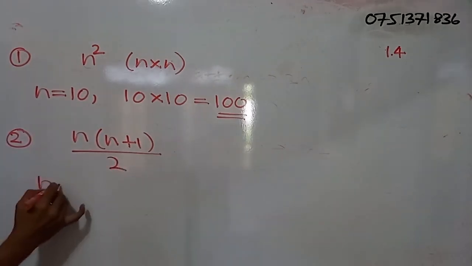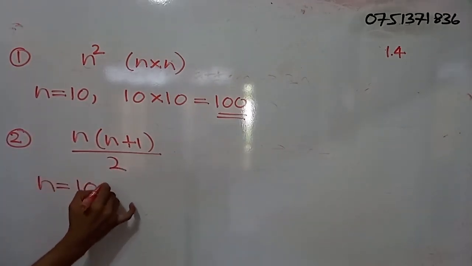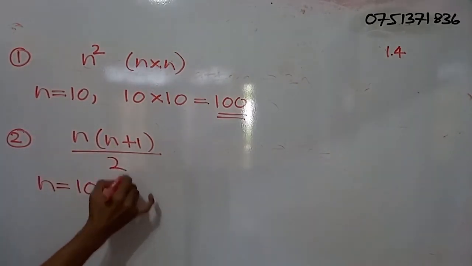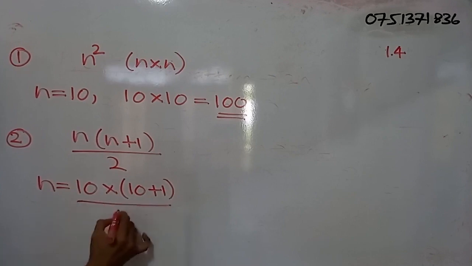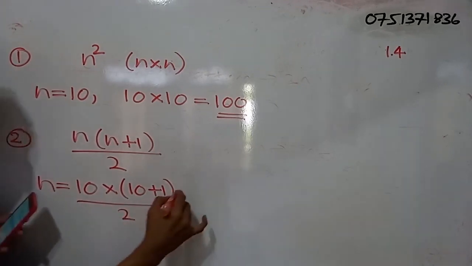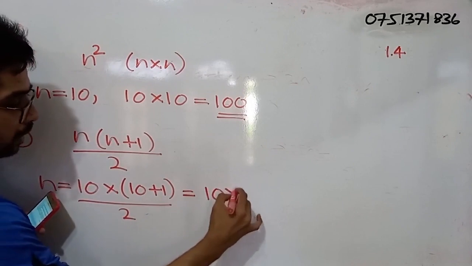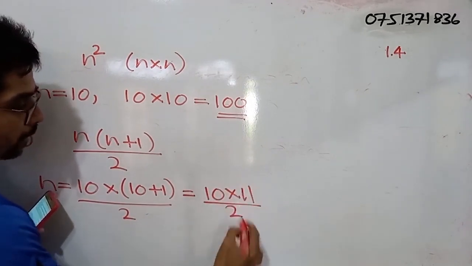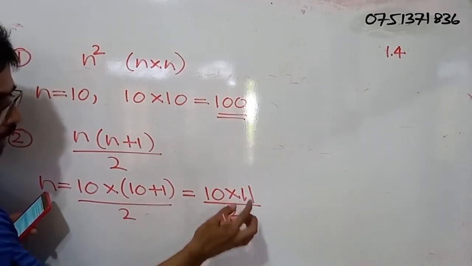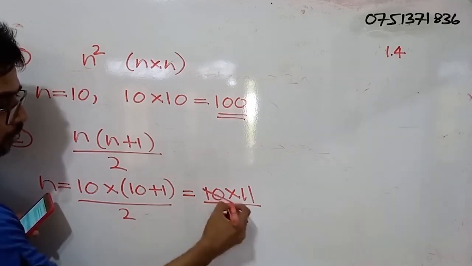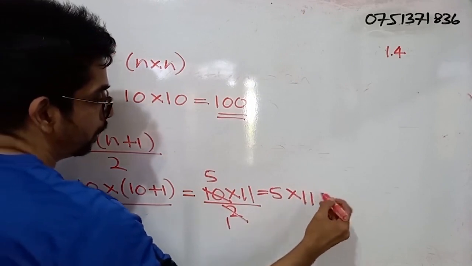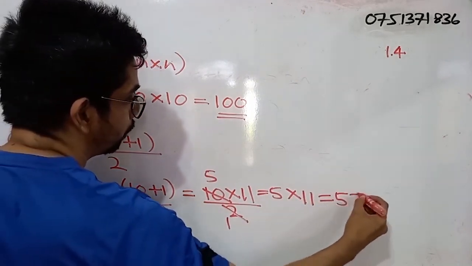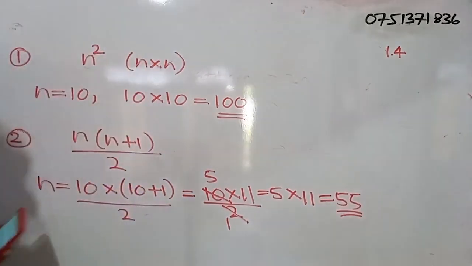So here also n becomes 10, and inside the bracket also n is 10 plus 1. Then the whole thing divided by 2. 10 into 11 divided by 2. 10 plus 1, 11. 2 times 5. So 5 into 11, we get 55. So 55 is the answer.